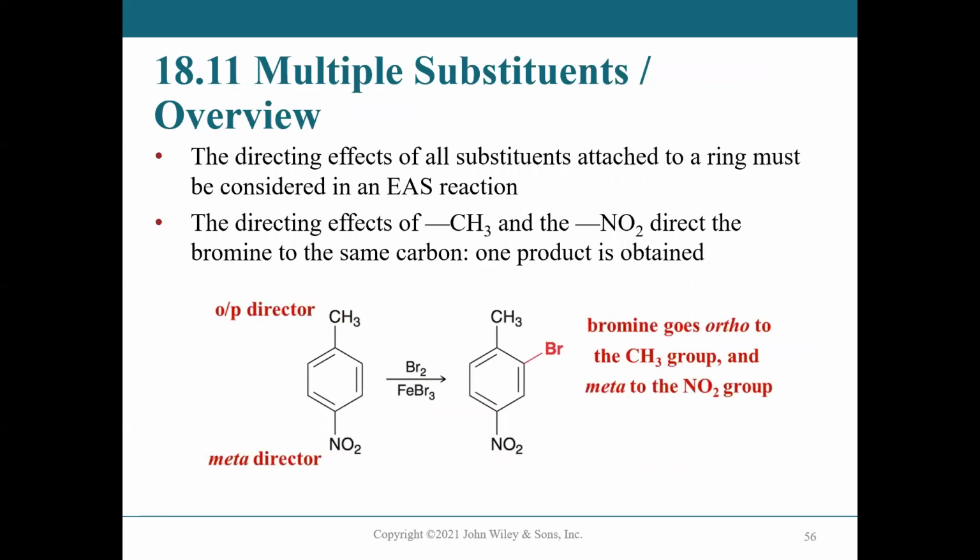So now they're talking about multiple substituents. The directing effects of all substituents attached to a ring must be considered in these reactions. So the directing groups of the methyl and the NO2 group direct the bromine to the same carbon.